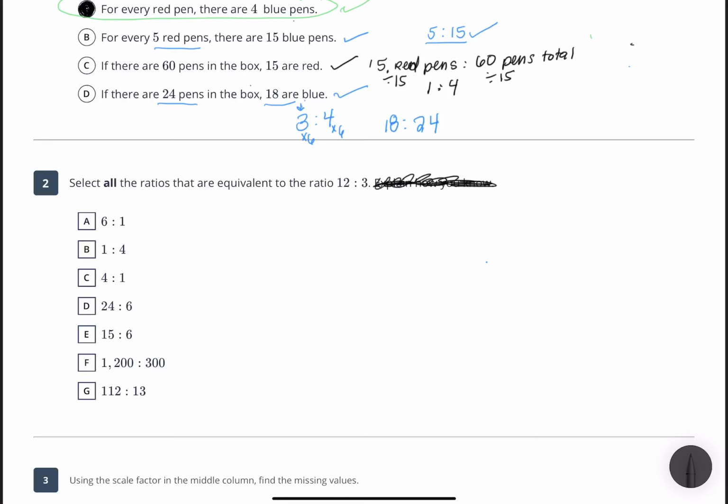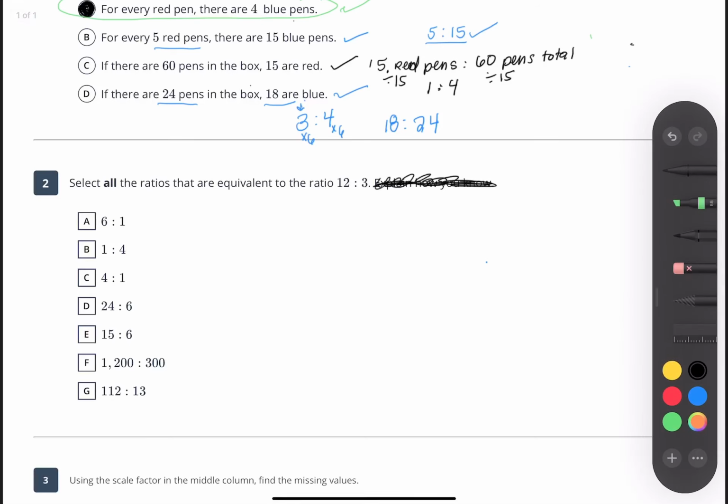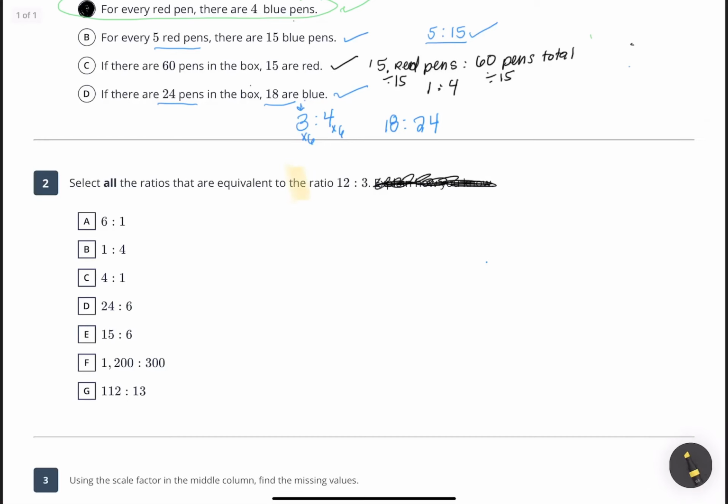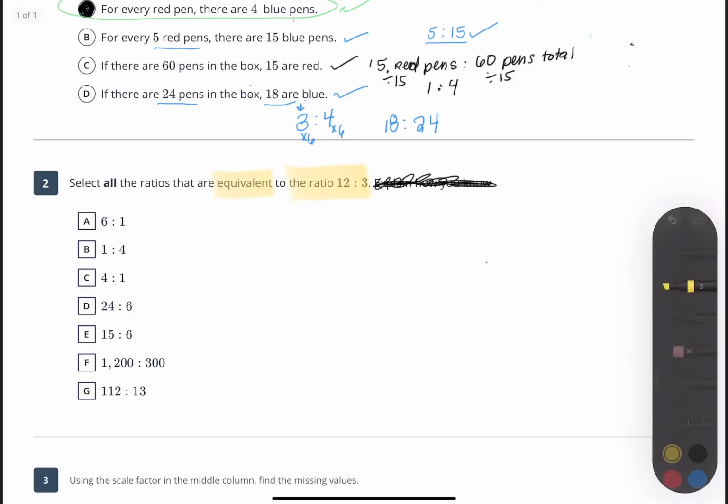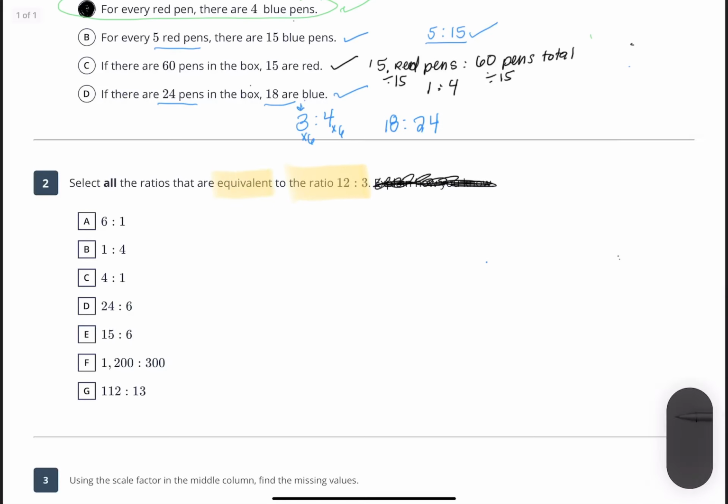Okay, so of course, like I told you guys, I love annotating my questions before I start even doing the math work, just to know what I'm looking for, what information I need to gather in order to answer this question. So one thing that I need to highlight in this question is the ratio. And we're looking for an equivalent ratio, and that word equivalent means equal.